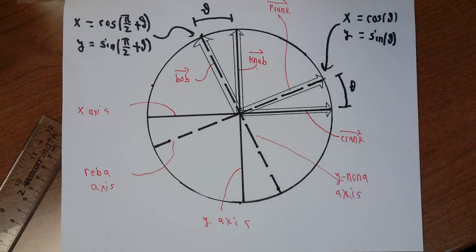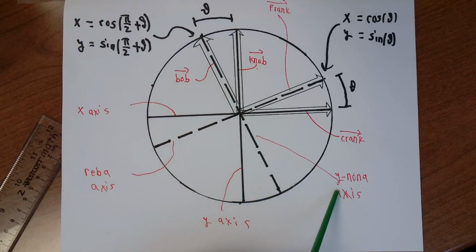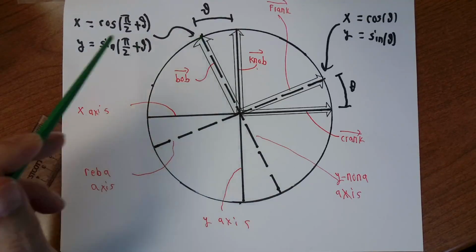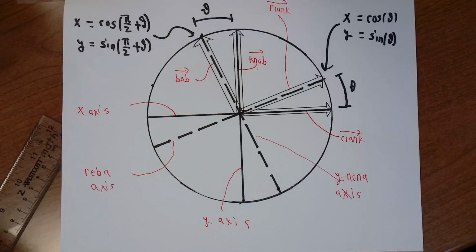Well, at any rate, I have the x-axis, the y-axis, the Reba axis, and the Winona axis.